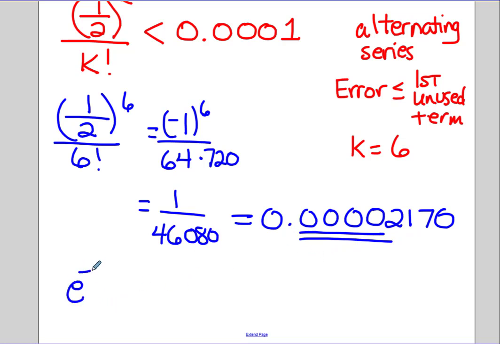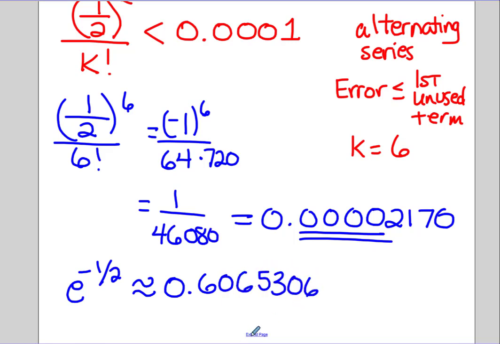And if you checked with your calculator, e to the -1/2 power is about 0.6065306.